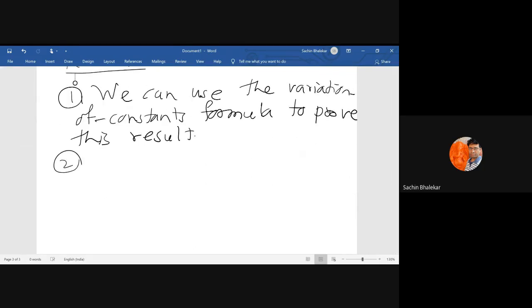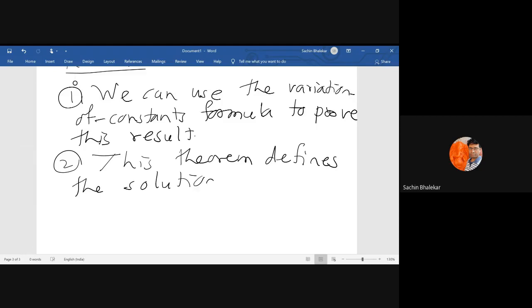Second thing, this theorem actually defines the solution of delay differential equation 1.